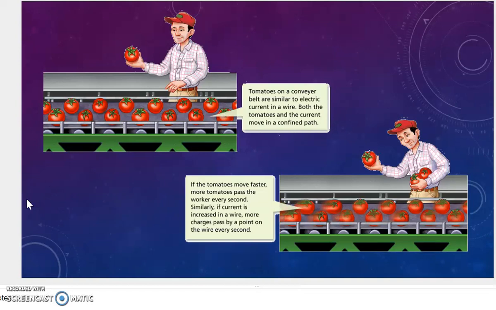And so electrons are flowing along that metal wire, just like these tomatoes are on the conveyor belt. And if the tomatoes move faster, that means more tomatoes are passing by the worker every second. Therefore, in relation to electric current, if we had more electrons flowing past a certain point, that means there is a greater current. So the amps would be higher.